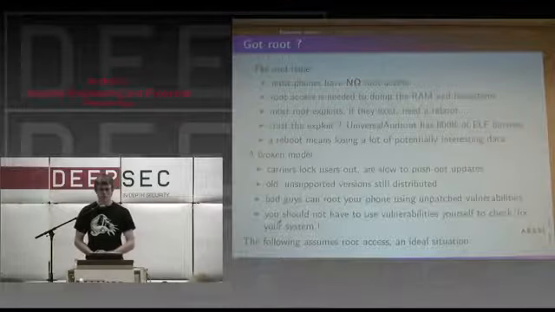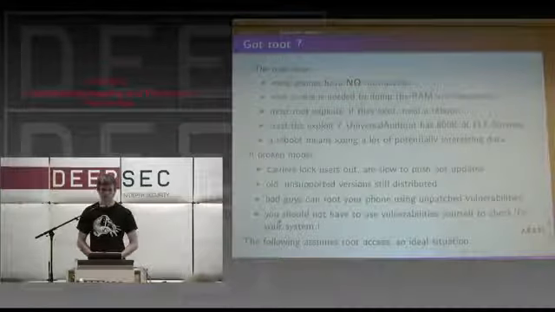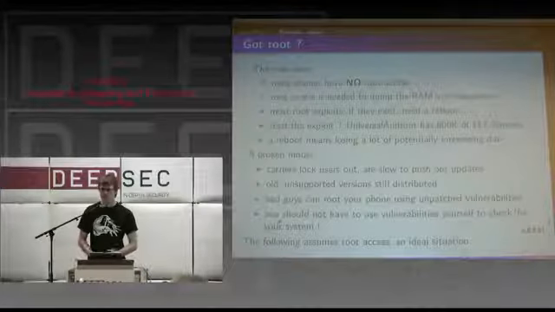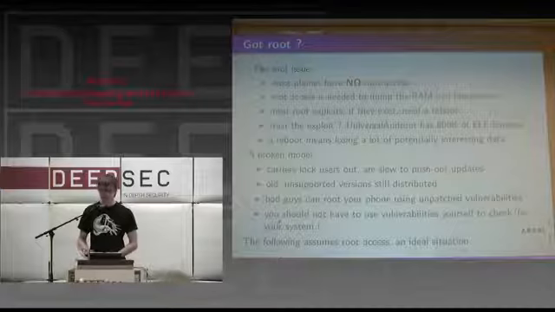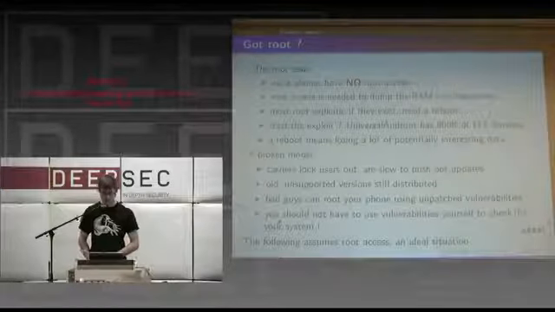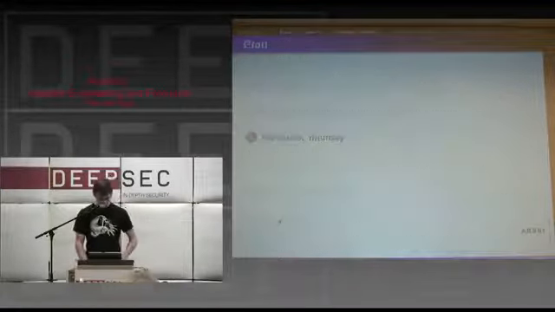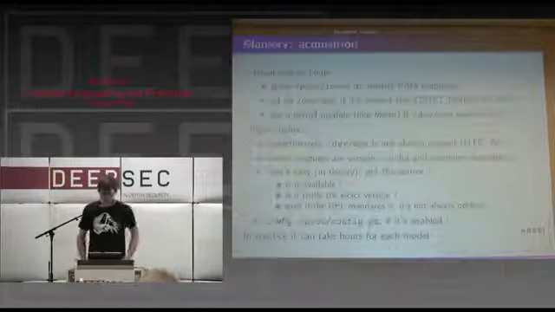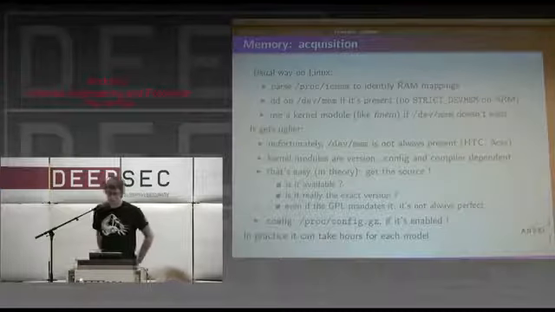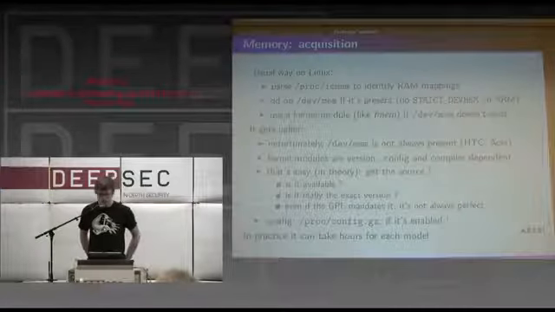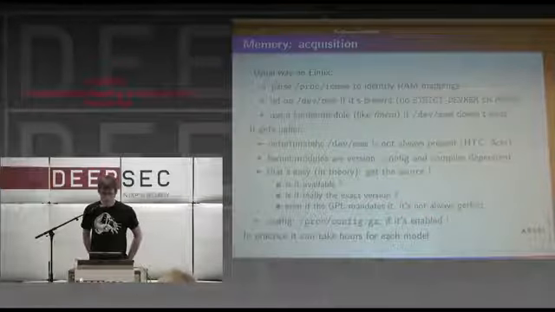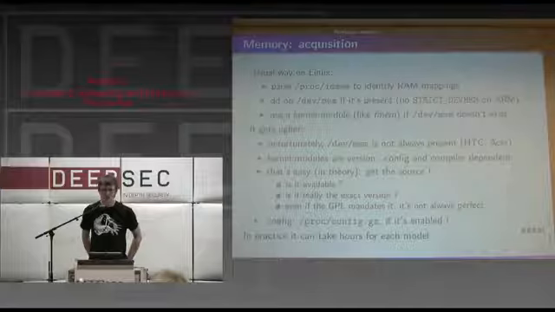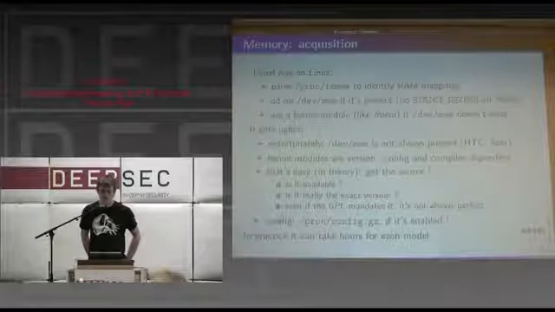Unfortunately, the rest of the talk assumes that you have root access, because otherwise you cannot do much. You can still desolder the flash to analyze it, but you cannot do anything with the RAM. Concerning memory, the usual way to acquire physical memory on Linux is to get the RAM mapping from /proc/iomem, then copy the memory using dd from /dev/mem.